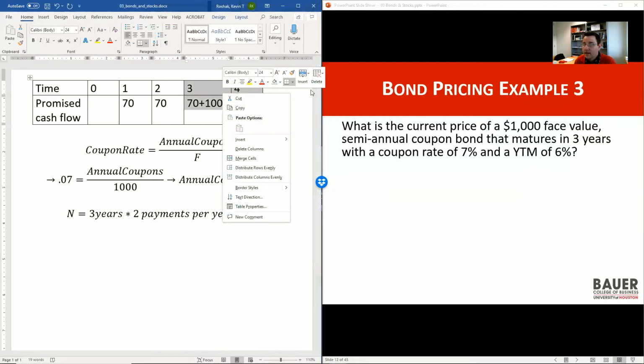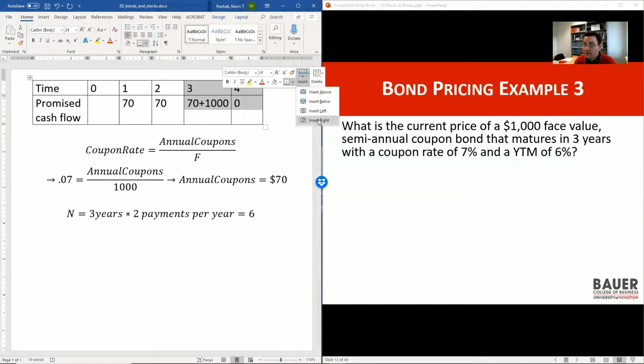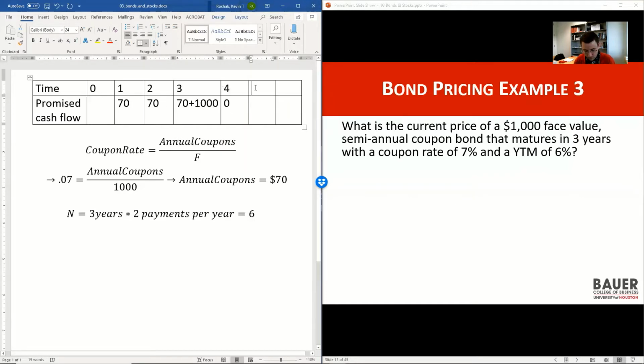I'm going to add on rows to the right. So this is how many periods we have. We'll start with the easy cash flow. That's the face value. We're getting that $1,000 at the very end. So that's occurring at time 6. We don't have to think about that. That's always just occurring at the very end.